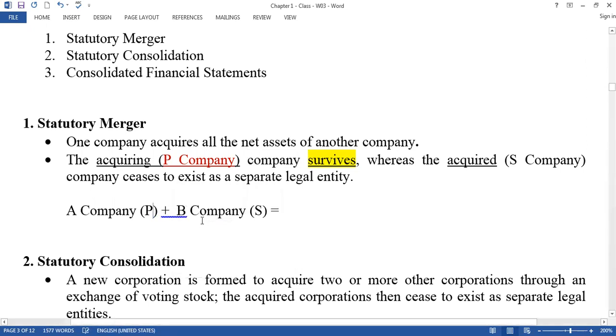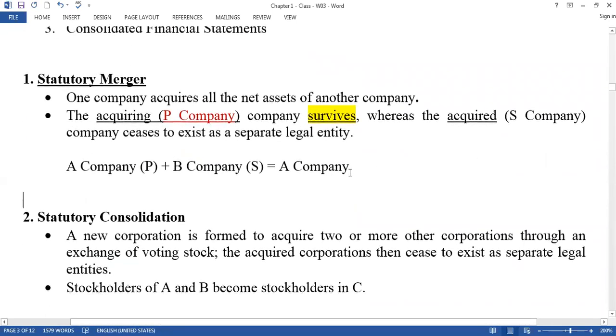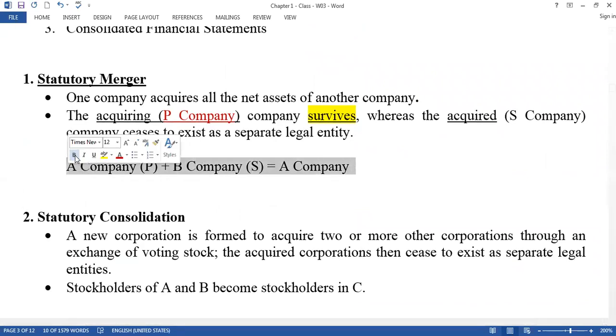Two companies go to merge and they work as one company. Company A is going to survive, so their new identity is company A, because company B has ceased to exist, right? So this is called a statutory merger. Now, the same example I can apply here.